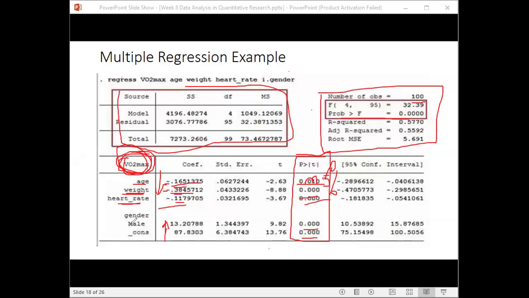Now let's look at this. Male. Okay, male is a categorical variable. So you're either male or female. So what they have put here is male having the value of 1 and female having the value of 0. So this is male and this is female. So whenever you want to use a qualitative variable in a quantitative analysis, we call it a dummy variable.